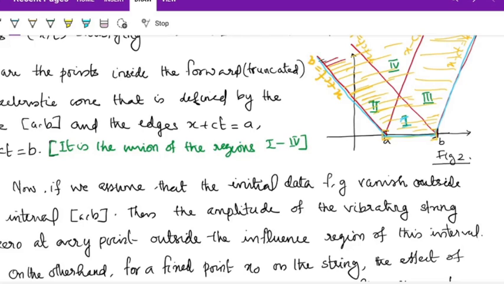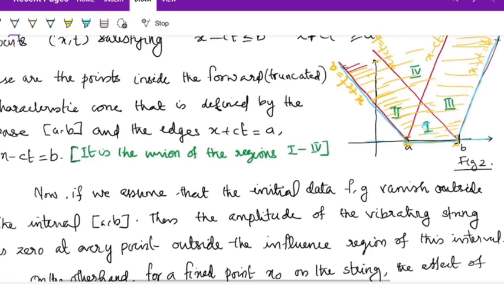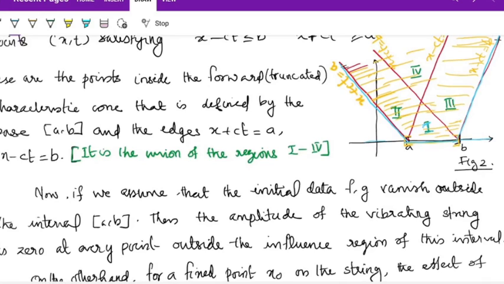So if the initial data f and g vanish outside this interval, then the amplitude of the vibrating string also becomes 0 at every point outside the influence region of this interval.